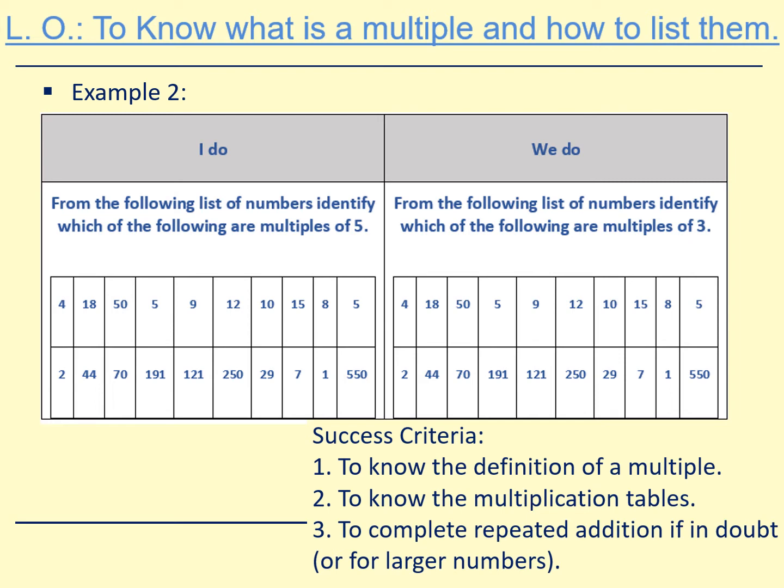Example 2. From the following list of numbers, identify which are multiples of 5. Multiples of 5 are 5, 10, 15, 20, 25, 30, and so on.